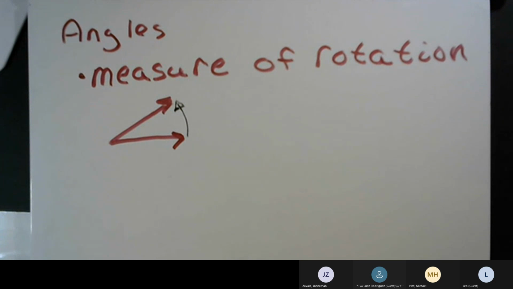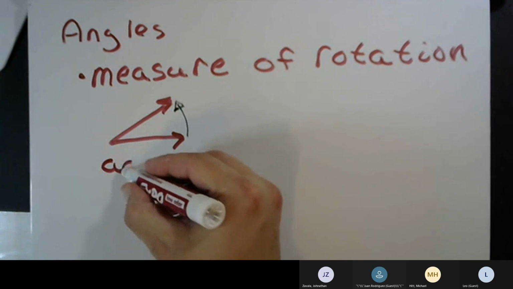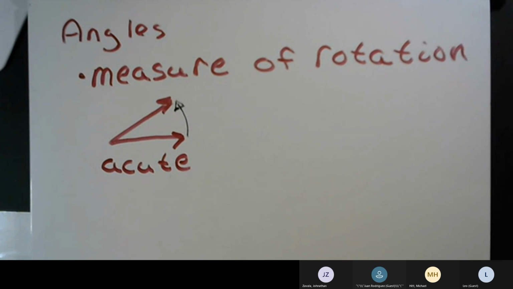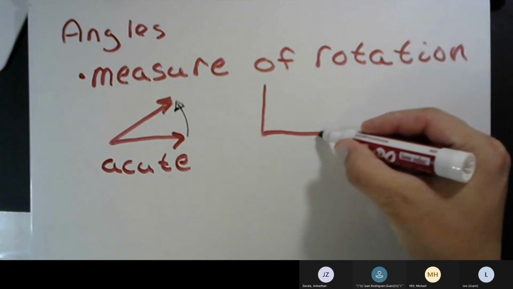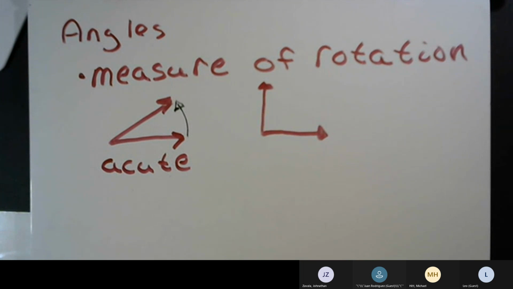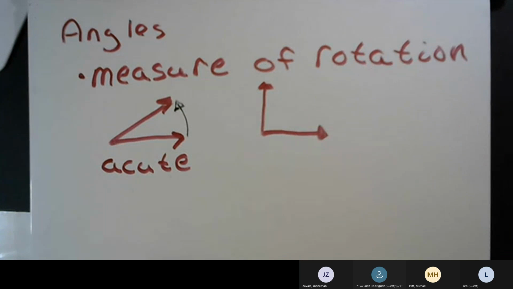And you'll see angles of different types. This would be what's called an acute angle. And this is what's called a right angle. Pardon me just a second, get a pen here.